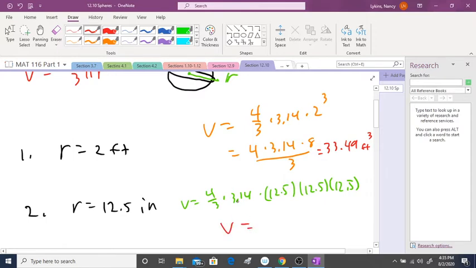So you could say 4 times 3.14 times 12.5 times 12.5 times 12.5, and then divided by the 3. And you should get 81.77 0.08 inches cubed.